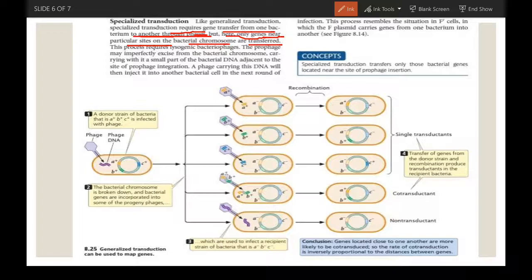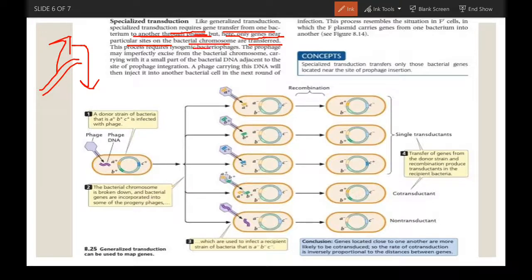Like we saw earlier in generalized transduction, any of the fragmented DNA could have been packed and assembled into the phage and then transduced. But here only some specialized genes may be transferred.